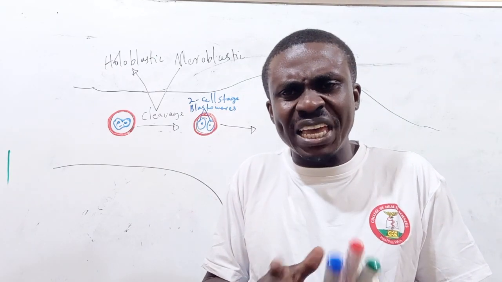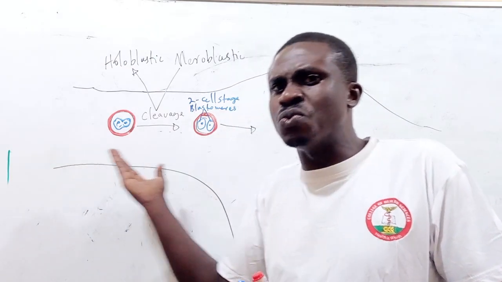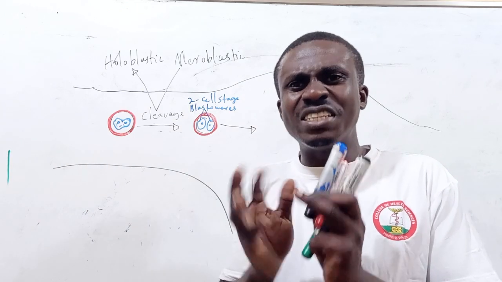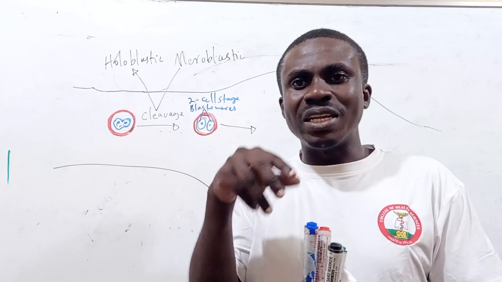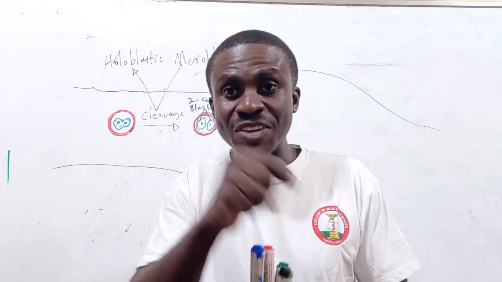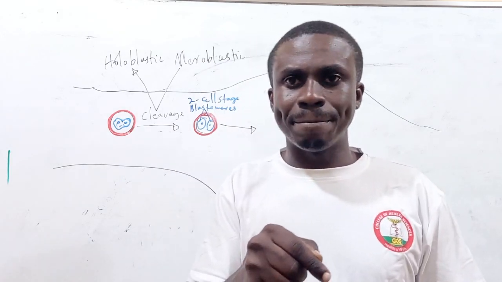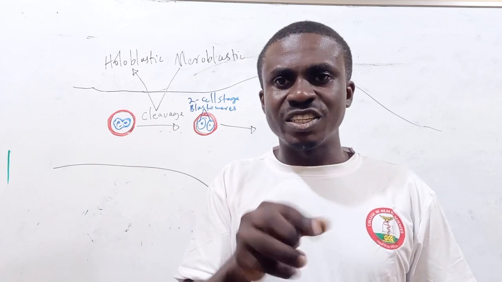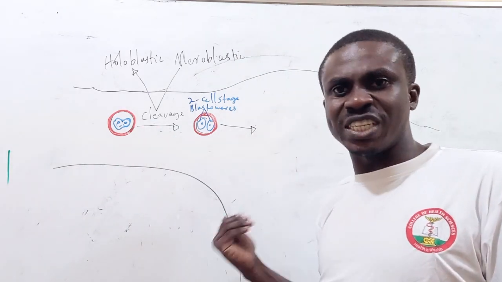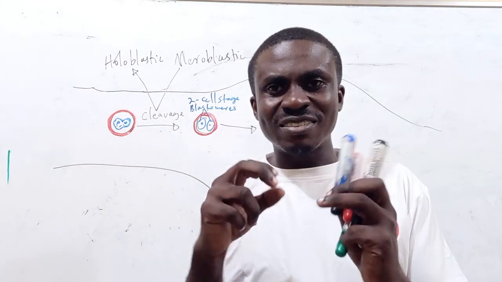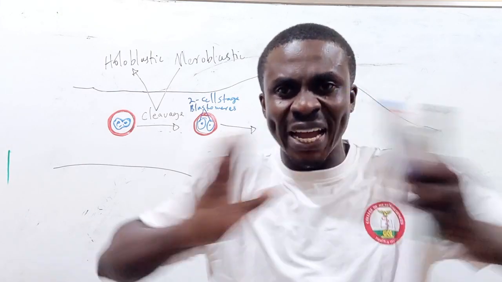But in most cases, the first few will be relatively almost the same. Why? Because there's going to be something we call synchronous cleavage, in the sense that the initial few divisions will ensure that the sides are almost the same, so that they also divide at the same time.